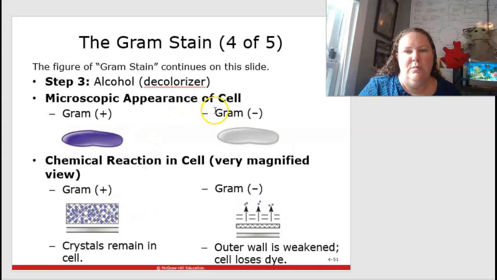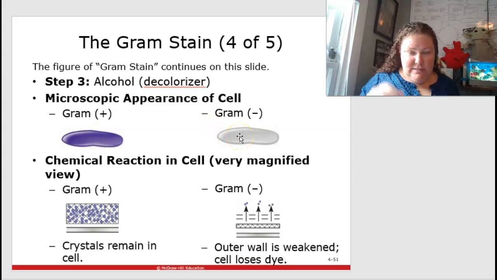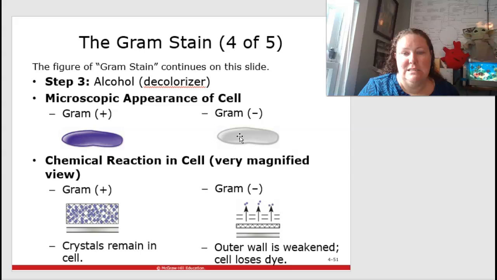Then we're going to have the alcohol, which is the decolorizer, so it'll fix that purple in the gram positive, whereas in the gram negative, it'll wash it away, okay? Because remember, it's not going to be able to stick to those.